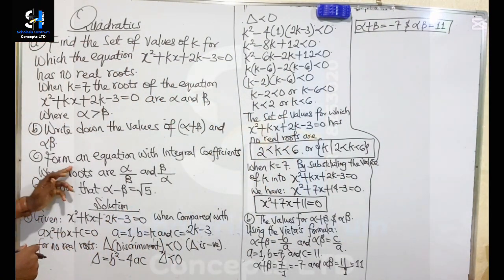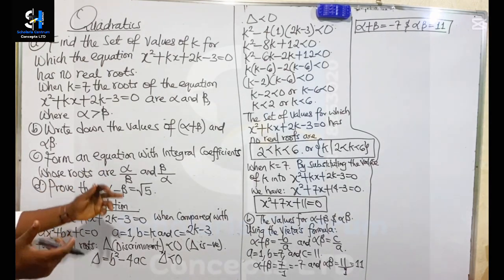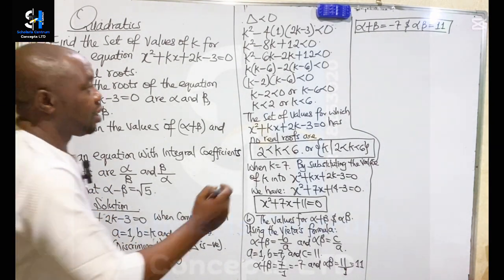All right, now form an equation with integral coefficients whose roots are alpha over beta and beta over alpha.